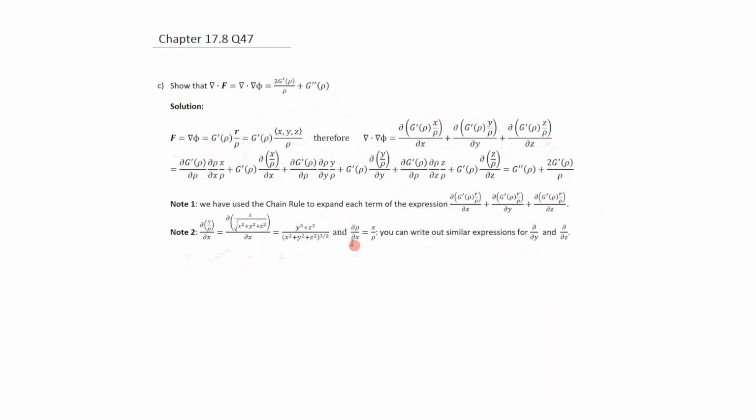And d rho by dx equals x over rho. You can write out similar expressions for dy and dz. Having done that, you add everything together, and there are a lot of cancellations, and finally you end up with the expression you see here.